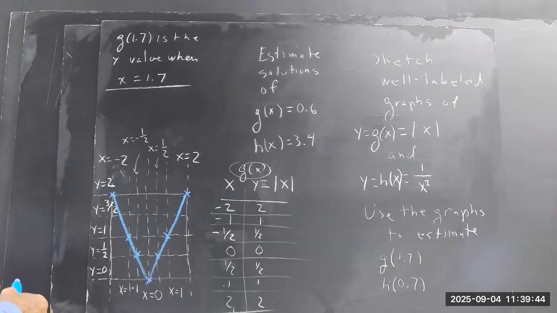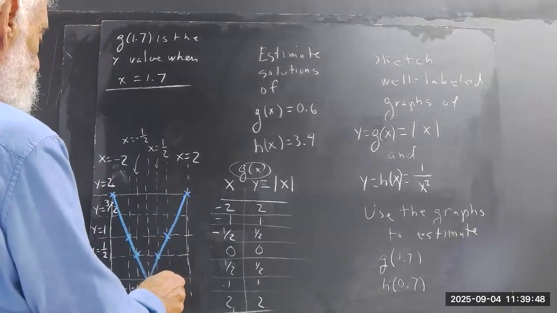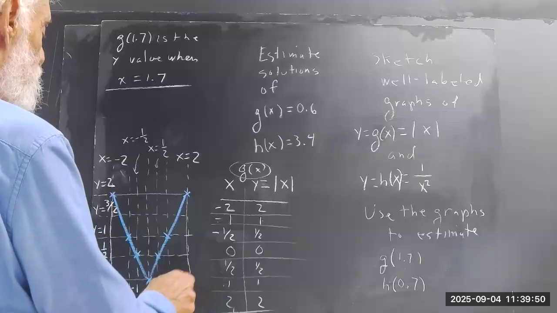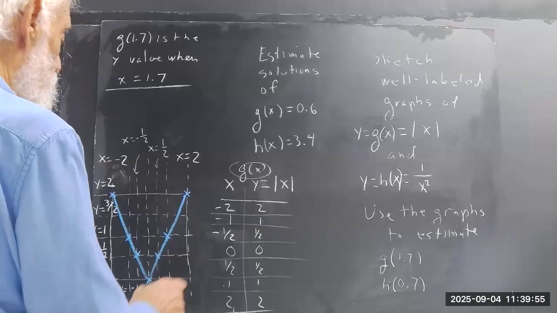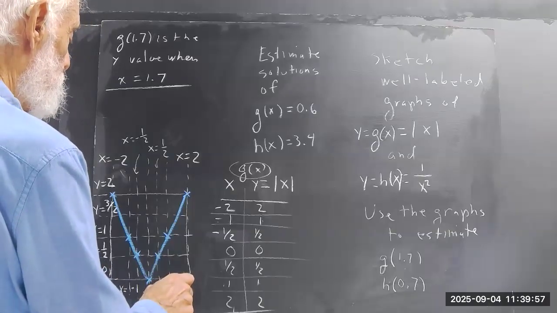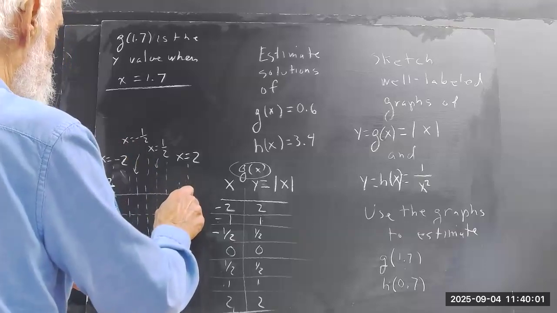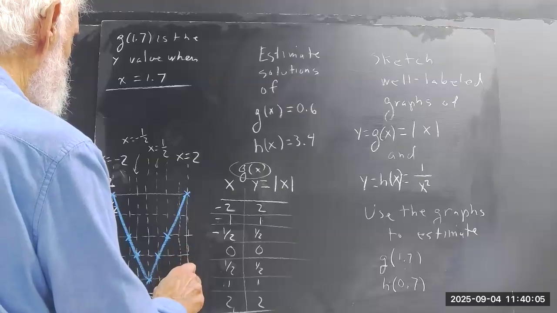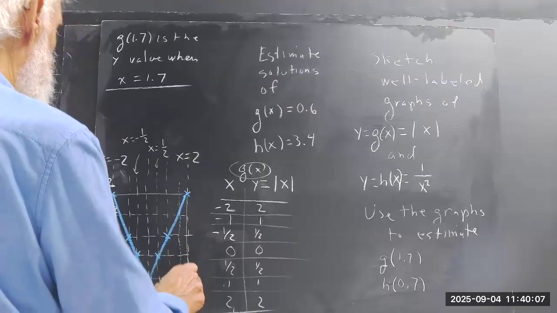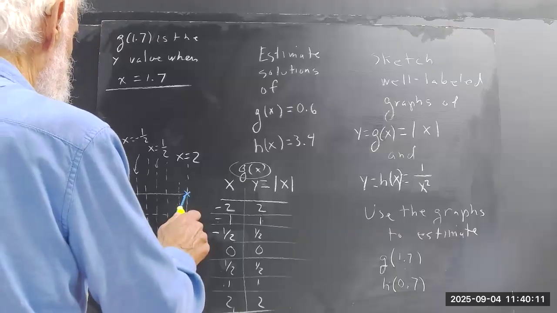Where does x equal 1.7? Well, here's x equals 1, and here's x equals 2. 1.7 is between 1 and 2. Halfway between 1 and 2 would be 1.5. You got to go a little bit closer to 2 to get 1.7. So that's about 70% of the way from here to here, maybe between 60 and 70%. So we do an estimate.